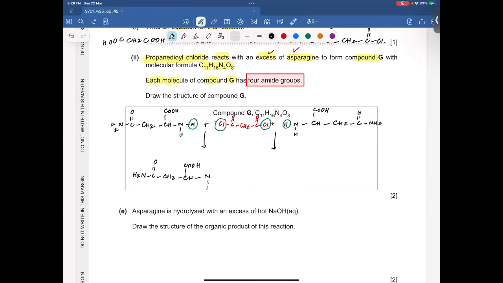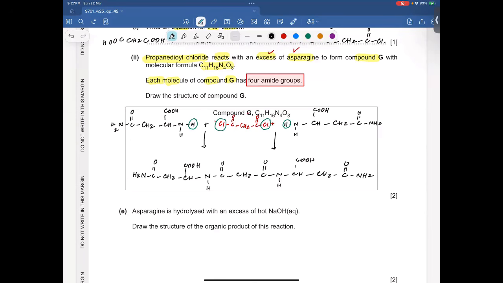This is NH bonded with carbonyl group. CH2 will remain as it is. CO will remain as it is, bonded with nitrogen. CH and CWH will remain as it is. CH2 will remain as it is. And this amide functional group will remain as it is.